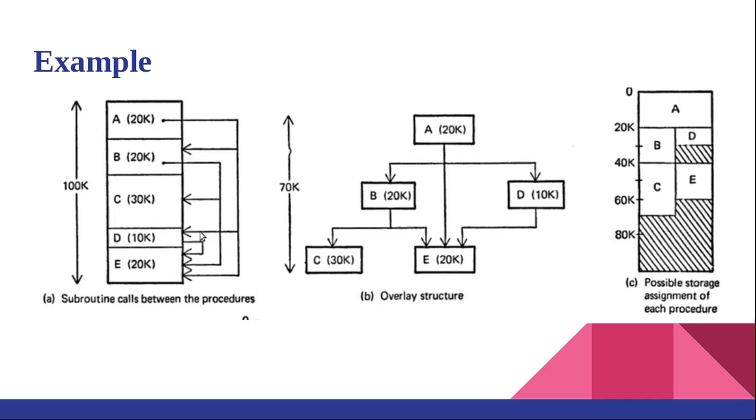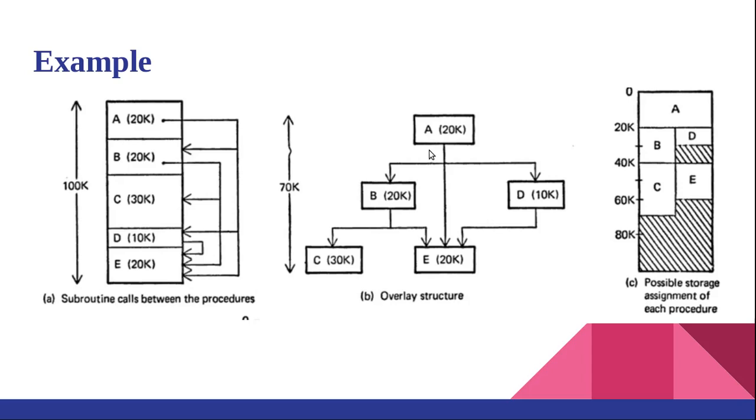So the programmer will create the overlay structure. If we know which subroutines are calling the other subroutines, the programmer can produce the overlay structure. Figure B represents the overlay structure. Program A is calling B, E, D, but not at the same time.